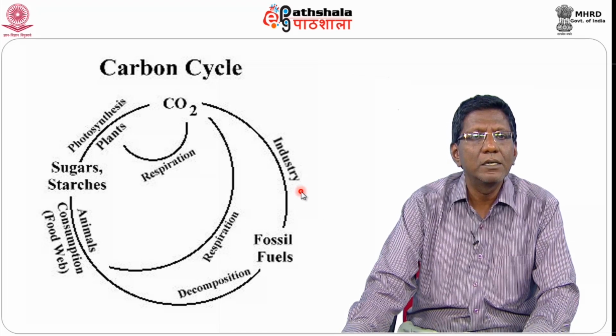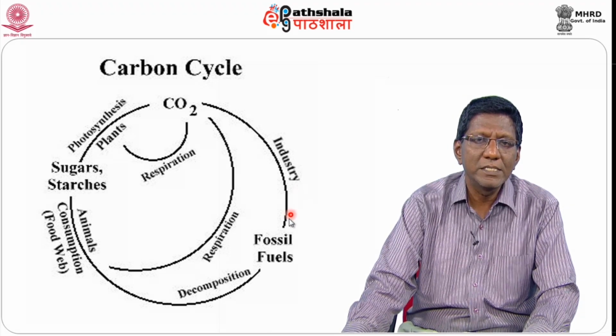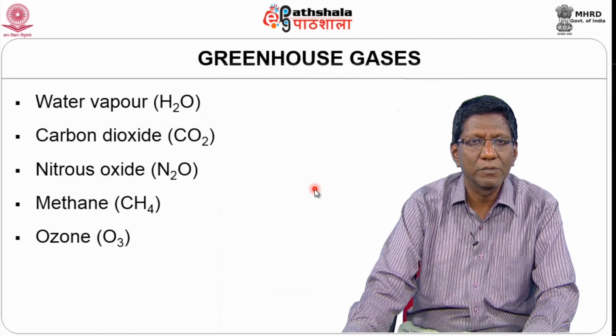During industrial use by the factories, the fossil fuels are burned and carbon dioxide gets released. So, the food web along with the industries, the carbon cycle is a very complex one.